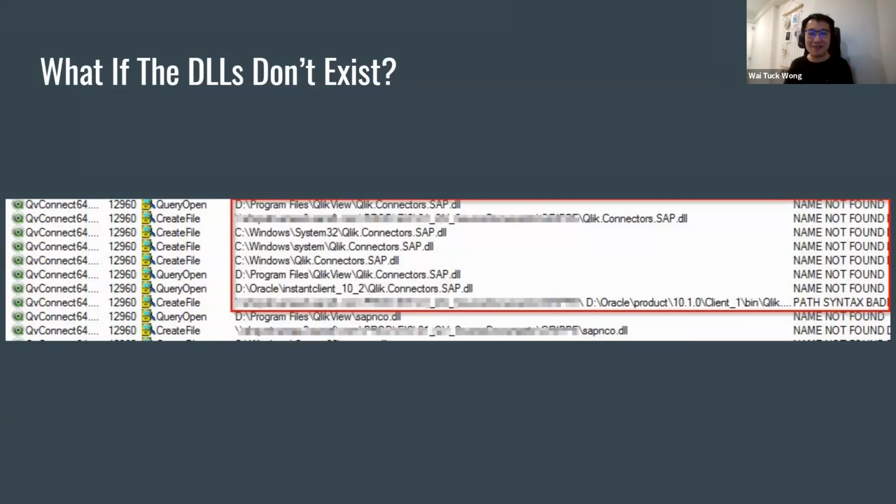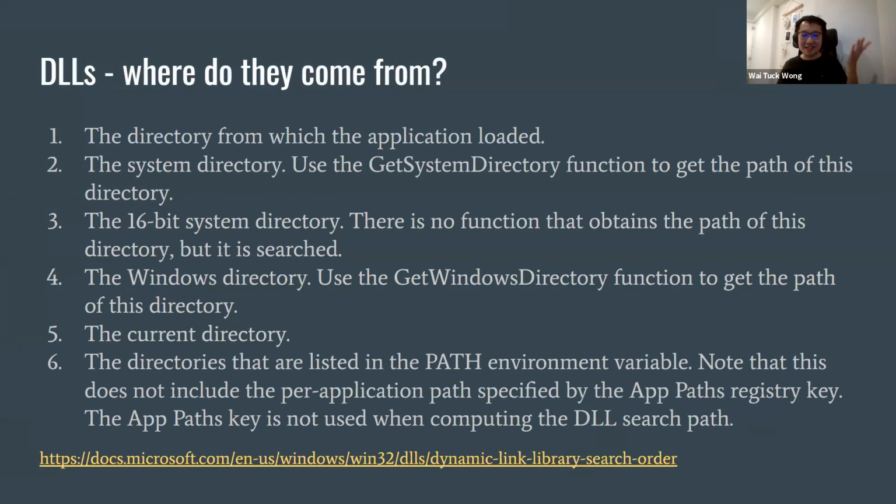And let's briefly explain where DLLs are being loaded. DLLs live in many different places, and so there must be a rule for which we load these DLLs so that we are able to find the correct ones. So where do they come from? We can break it down into basically 6 different categories.